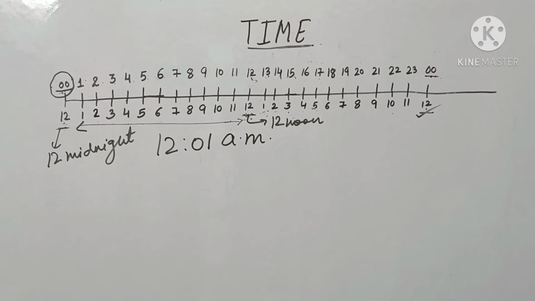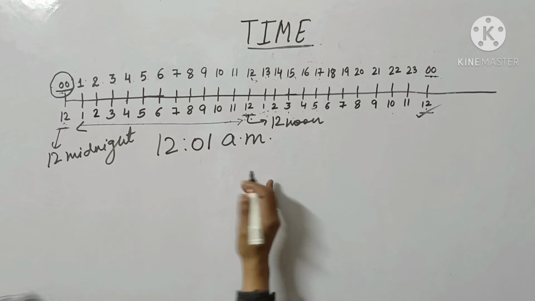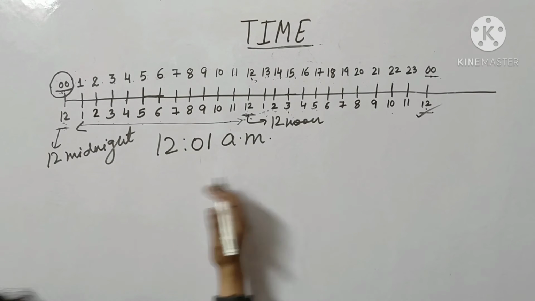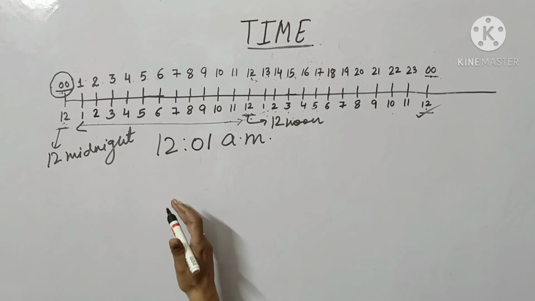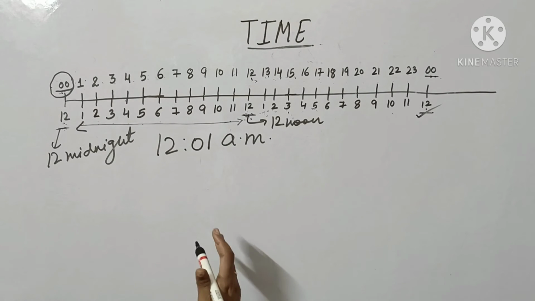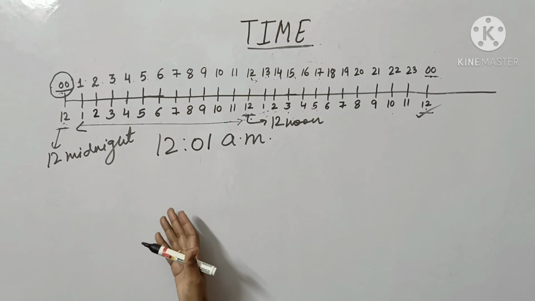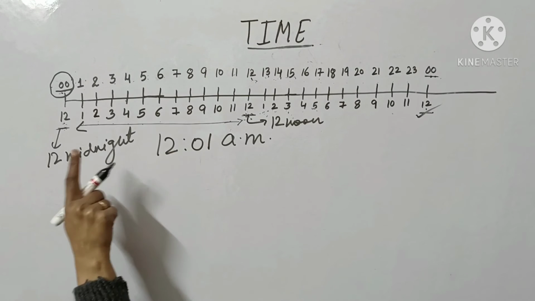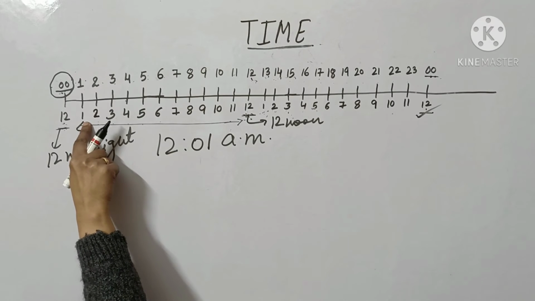Then 12:05, 12:10 AM, 12:15 AM, 12:30 AM, 12:40 AM, 12:45 AM, 12:50 AM, 12:55 AM, 12:59 AM. Only after 12:59, the hour hand will be at 1.